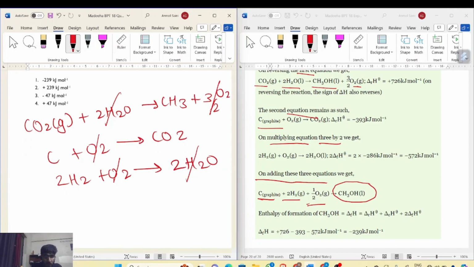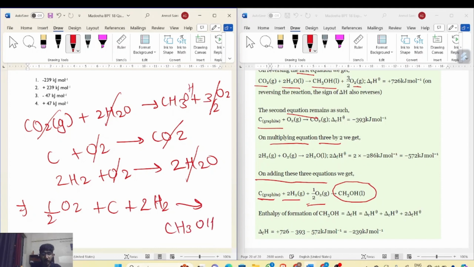The CO2 will also be cancelled out. So we have carbon plus 2 moles of hydrogen, and everything else cancels out, and CH3OH is present here. So we got CH3OH on our product side.